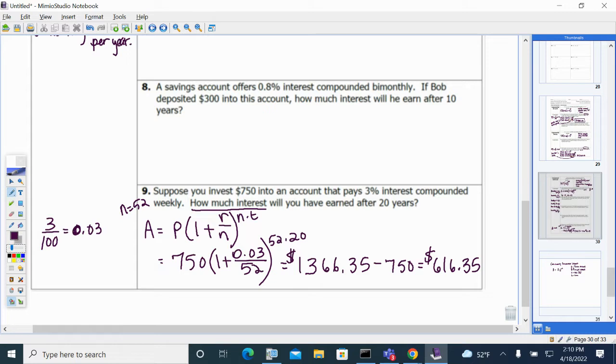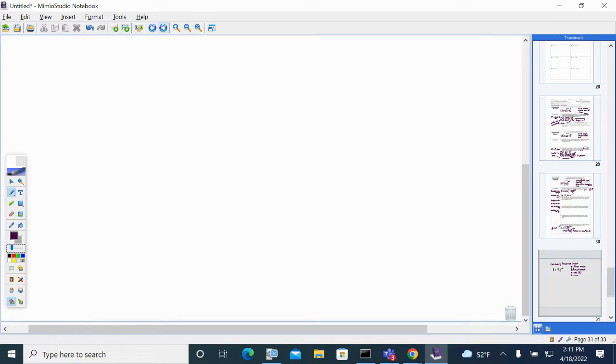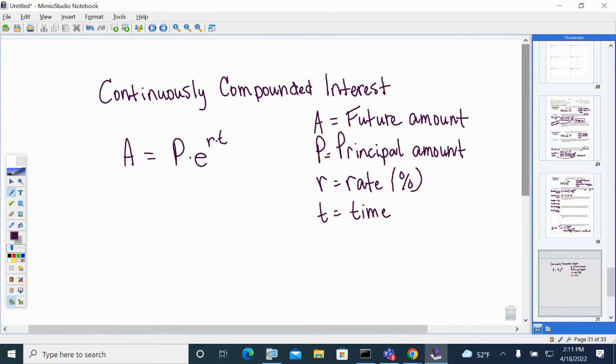There's one other thing I would like to quickly talk to you about. This is not included in the notes, so if you'll just add this in the margin somewhere, it's called continuously compounded interest.